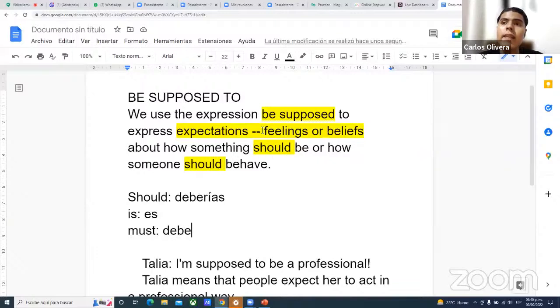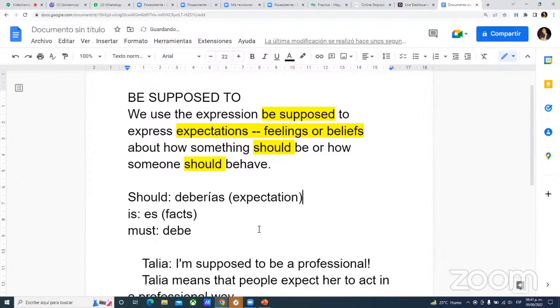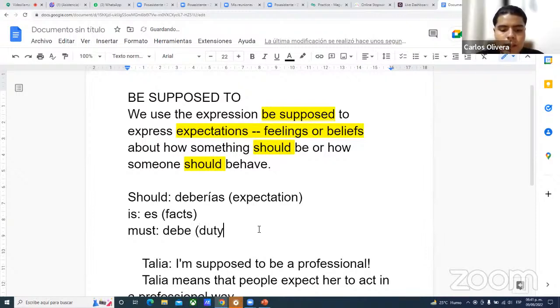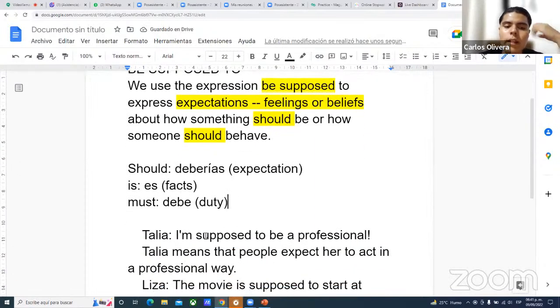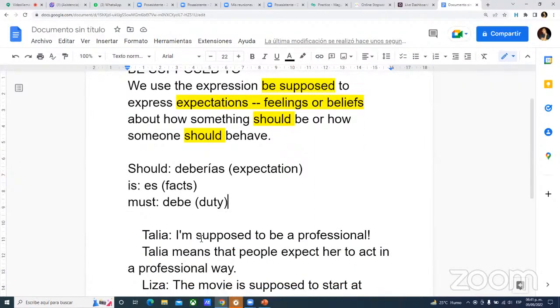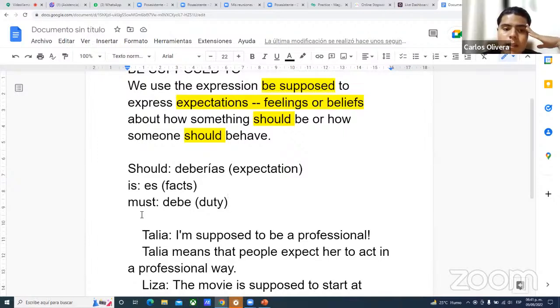Is is basically indicative, that is, when you are talking about facts, hechos. Here, expectations. You know what an expectation is, right, Shirley? Expectativa. Yes, exactly. And must is a duty, una responsabilidad. So should means deberías, and it is used to express expectation.